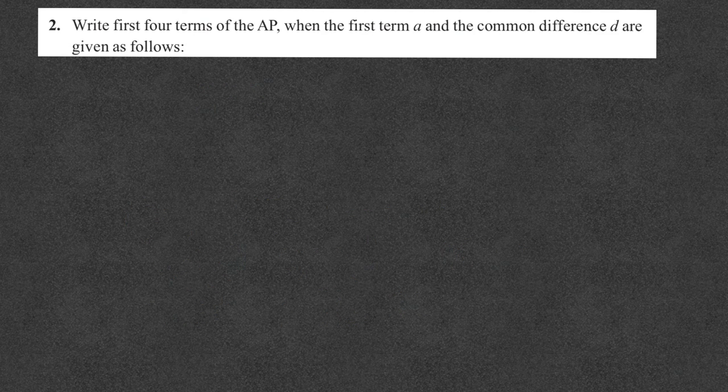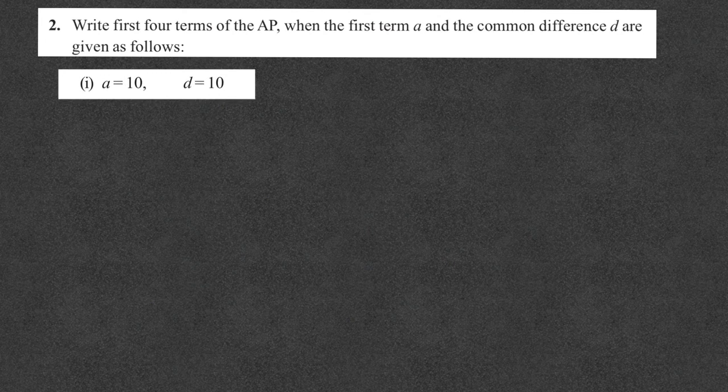Let's do one problem of this type. Write first 4 terms of the arithmetic progression when the first term A and the common difference D are given as follows. A is 10 and D is also 10. So what will be the first term? It's going to be 10. The second term will be, since the common difference is 10, we add 10 to it.